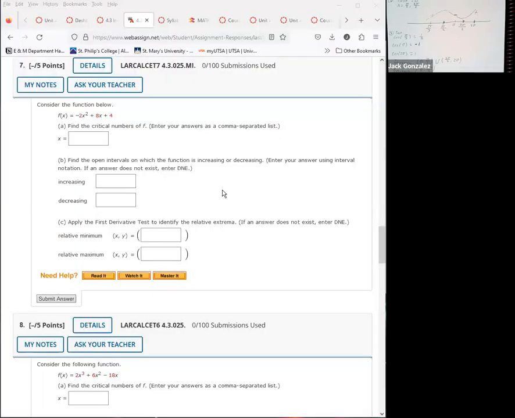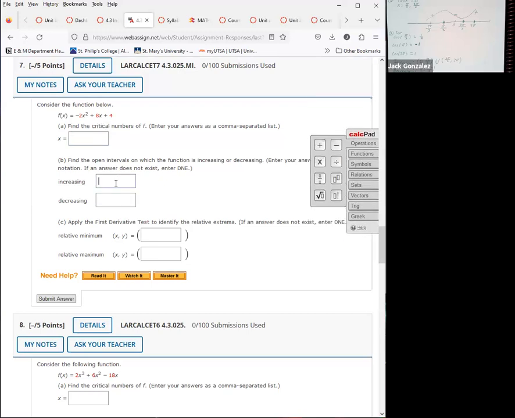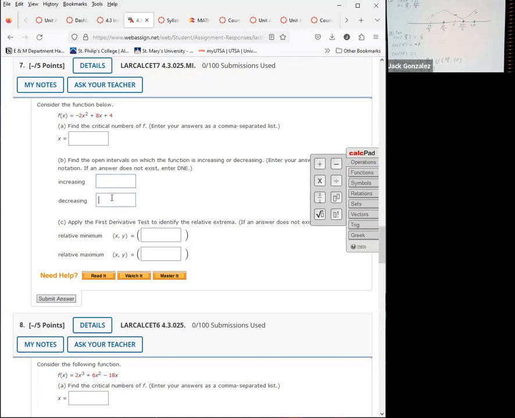But check out number 7, right? So we did something like this. We found the critical numbers first by taking the derivative, setting it to 0. We test around those numbers that we find, or maybe just one number, and check out where it's increasing and decreasing.